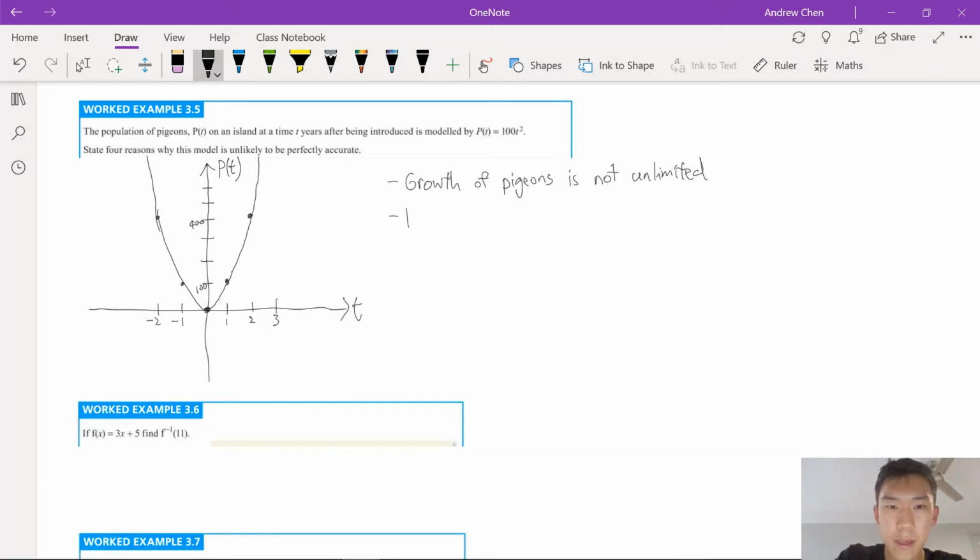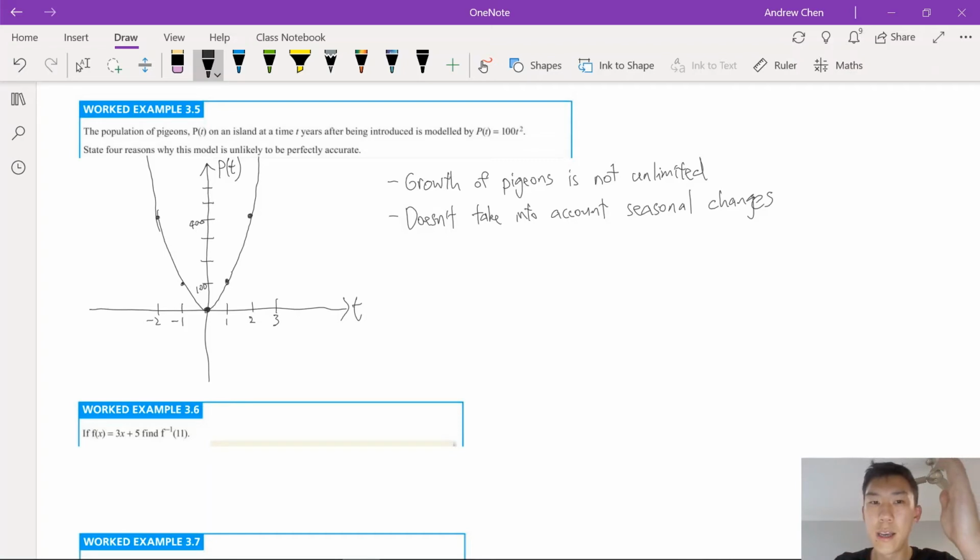So it doesn't take into account seasonal changes. You can see that, say we start at 0 and we just keep increasing in time, the rate just keeps going higher and higher and higher. So it's just saying it's going to keep growing at an increasing rate, which is not realistic.